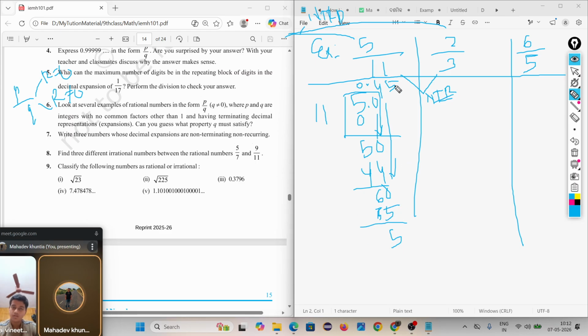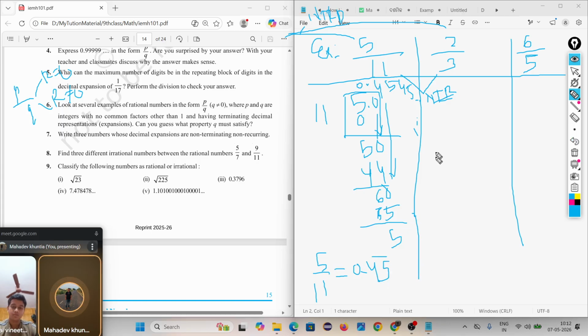Look, the same pattern is repeating. 100% in this case I will get a non-terminating recurring decimal. That means the decimal expansion of 5 upon 11 is 0.4545, that is 0.45 bar.